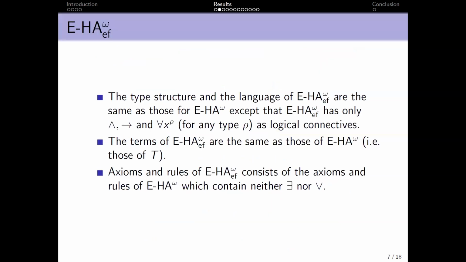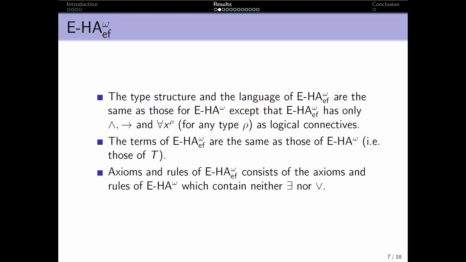The type structure and the language of EHA omega EF are the same as those of EHA omega, except that EHA omega EF has only conjunction, implication, and universal quantifier as logical connectives. And the terms of EHA omega EF are the same as those of EHA omega, namely those of Gödel's T.